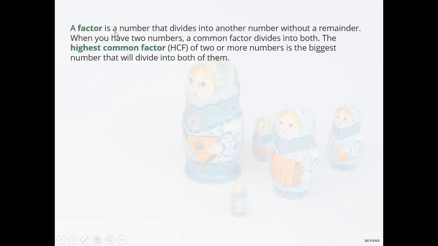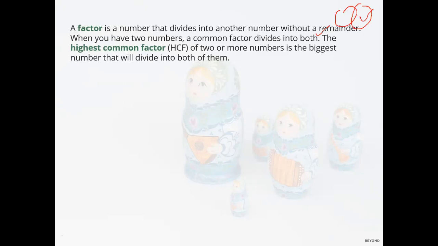Earlier you read about a factor. A factor is a number that divides into another number without a remainder. For example, 3 is a factor of 9. We have done factor games, so you're kind of familiar. Now, when you have two numbers, a common factor divides both numbers. We also saw this in the Venn diagram.